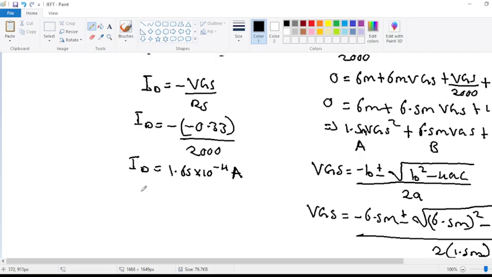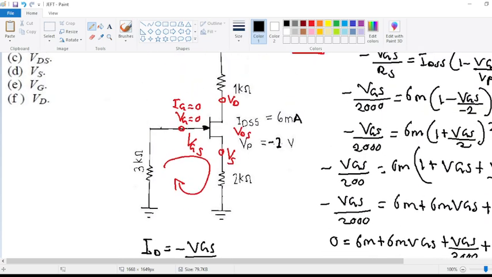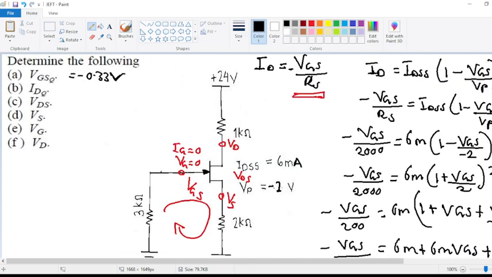Or you can move the point and have our ID equals 0.165 milliamps.